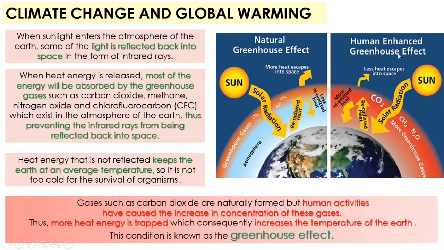Jadi apabila aktiviti manusia menyebabkan kepekatan gas rumah hijau lebih banyak, gas seperti karbon dioksida akan meningkat kepekatannya. Jadi apabila lebih banyak gas rumah hijau menyebabkan lebih banyak tenaga haba yang terperangkap, ini yang menyebabkan kenaikan suhu bumi.